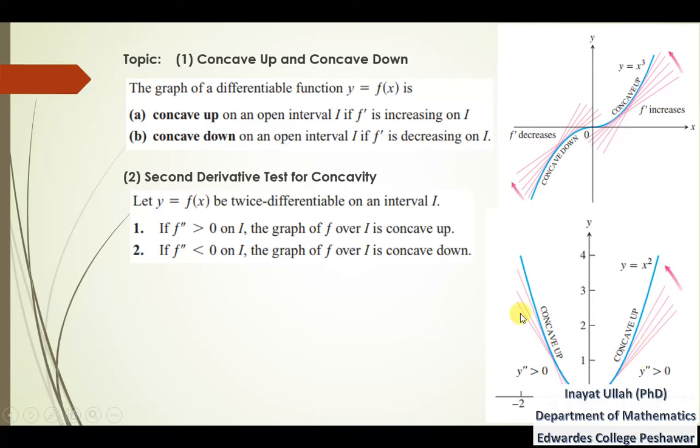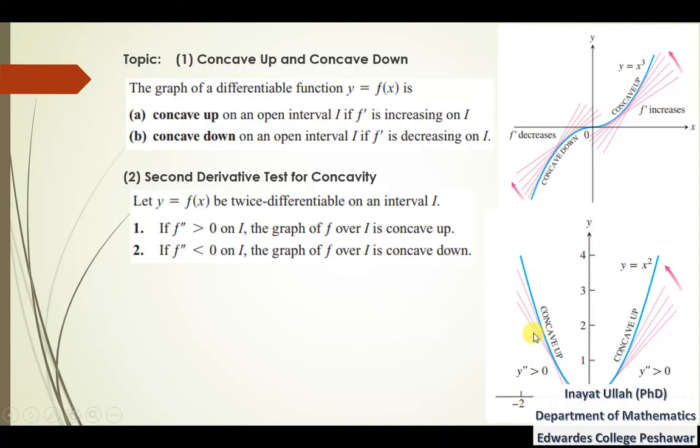Whenever a function is increasing, its derivative will be positive in that interval. We say that a function f is increasing whenever the derivative of the function is positive in that interval.